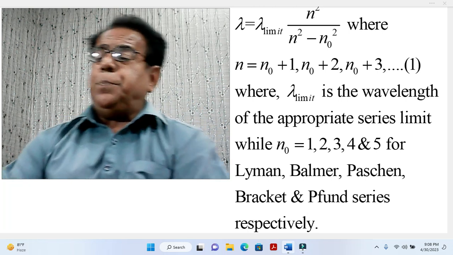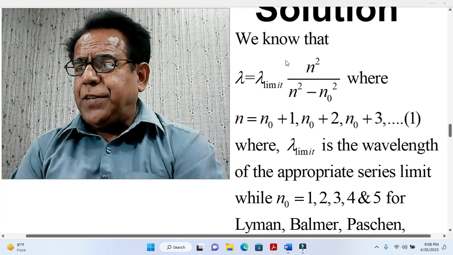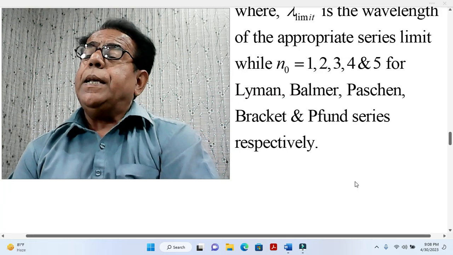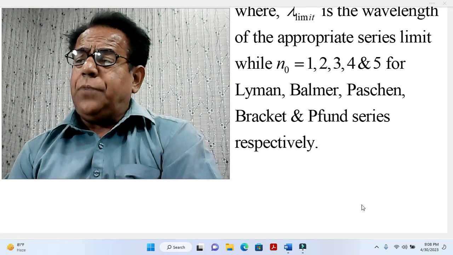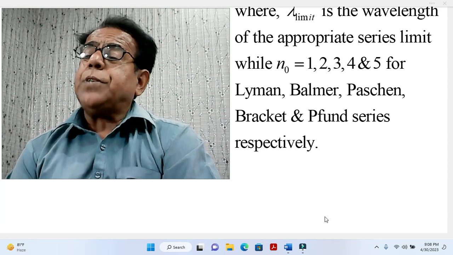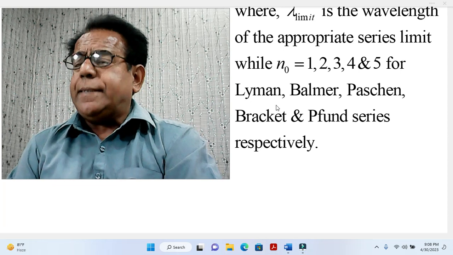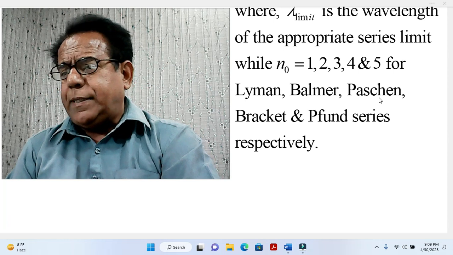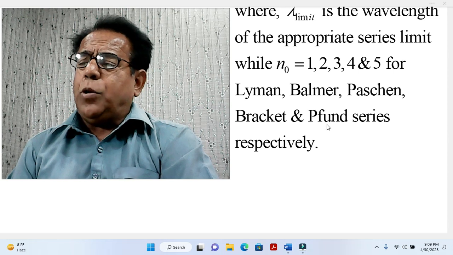So dear students, this wording, from this we know that to respectively, is actually a foundation for a large number of problems. Some of these problems may belong to Lyman series, some to Balmer series, some to Paschen series, some to Brackett series, and some to Pfund series.